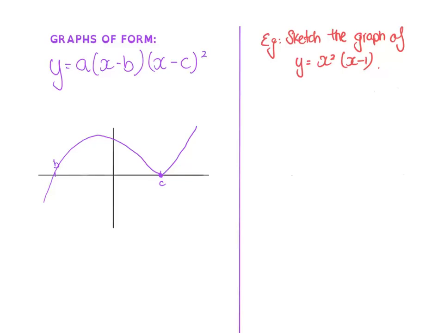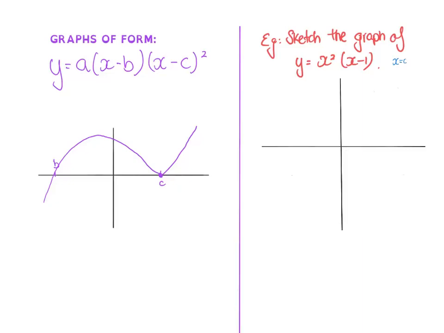If we do the example of x squared times (x minus 1), the x-intercepts, if you look, we let x squared equals 0.